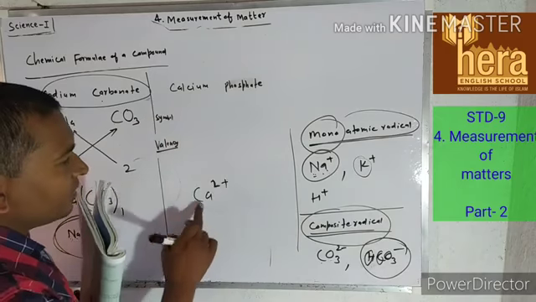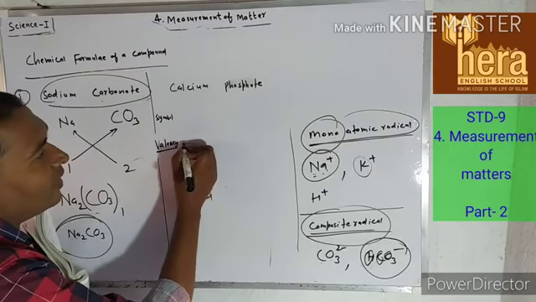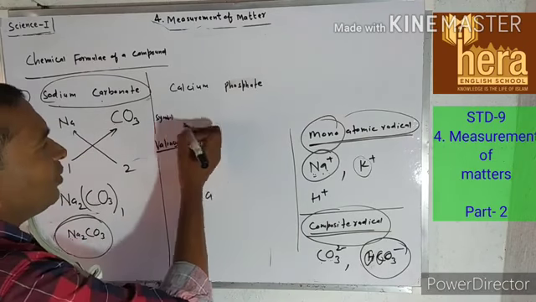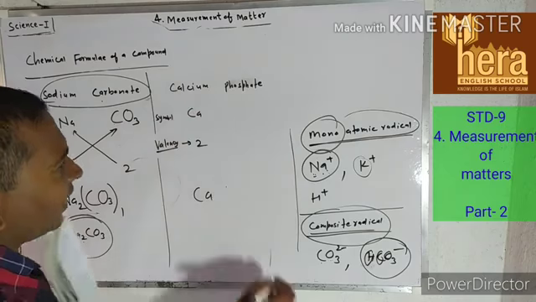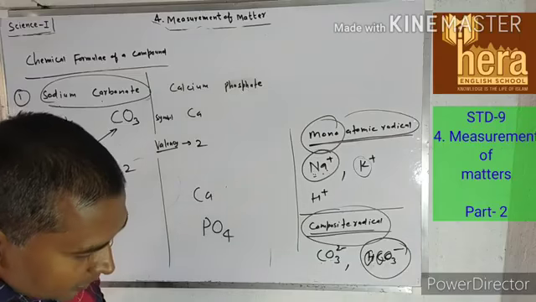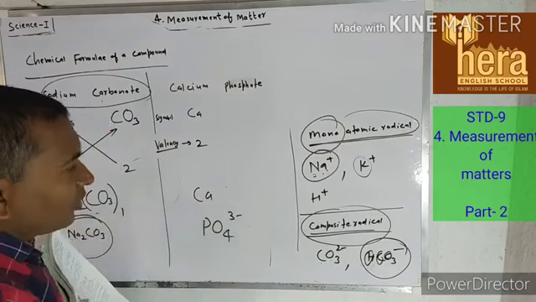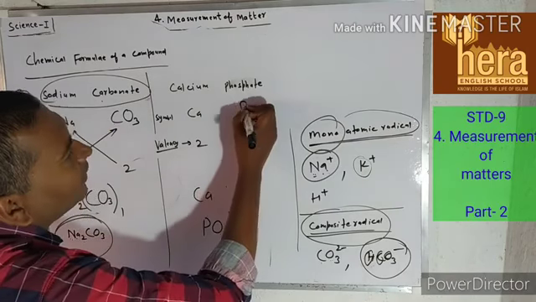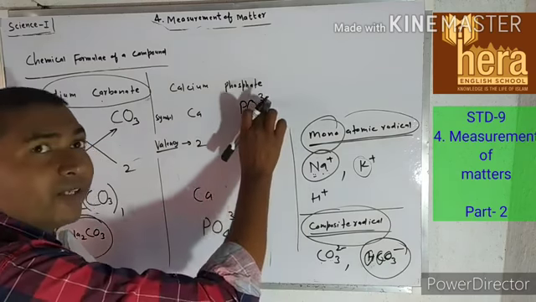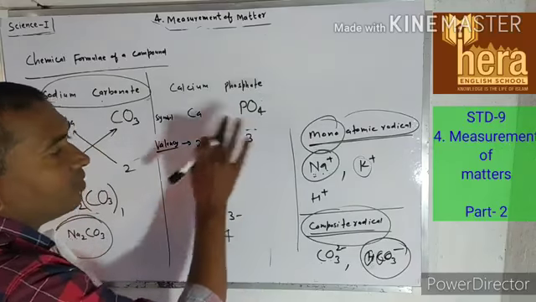This 2 plus represents valency, so in place of valency you will write only 2, not plus. Symbol is Ca. Phosphate, again on page number 56, is PO4 3 minus. So write only PO4, don't write 3 minus. 3 minus represents its valency, so write only 3 here.